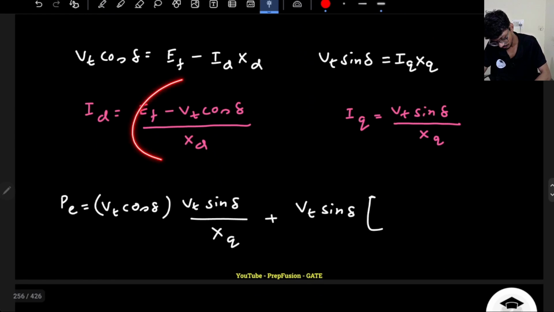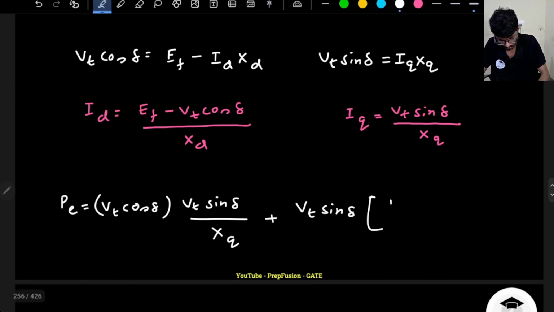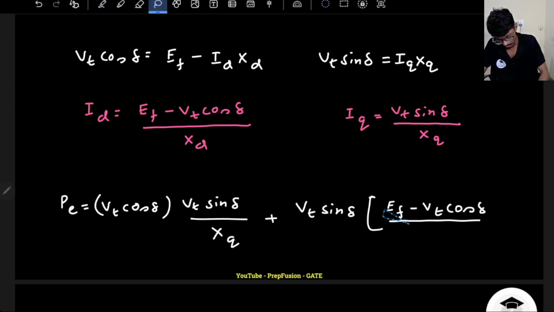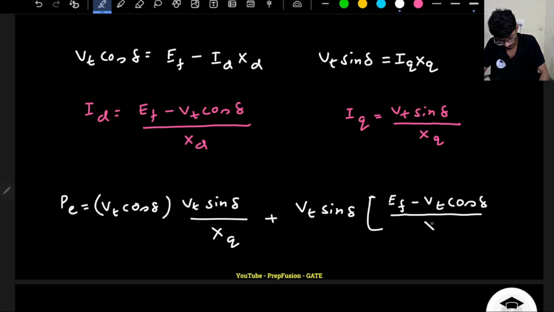So ID is this value, EF minus VT cos delta divided by XD.